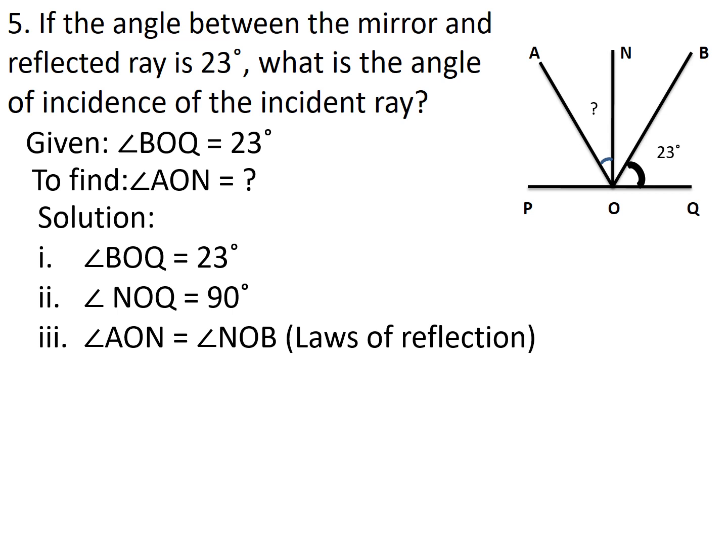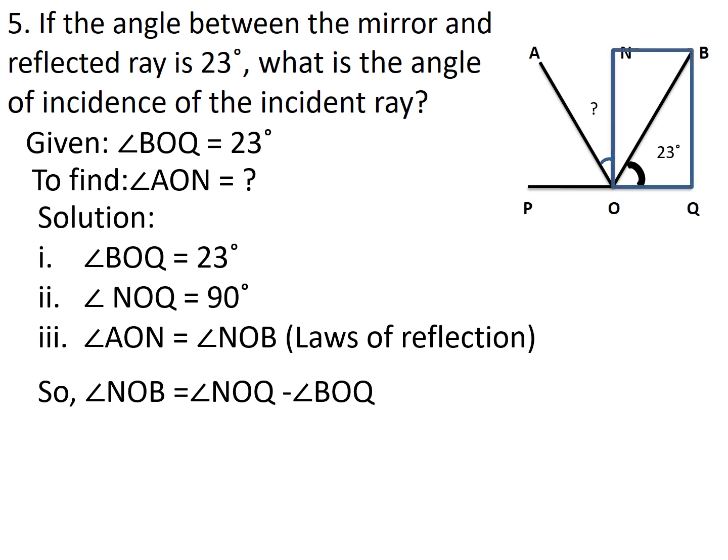Okay, let's look at what we have to write. Angle NOB is equal to angle NOQ minus BOQ. I repeat, angle NOB is equal to NOQ minus BOQ. This entire region is given to us.